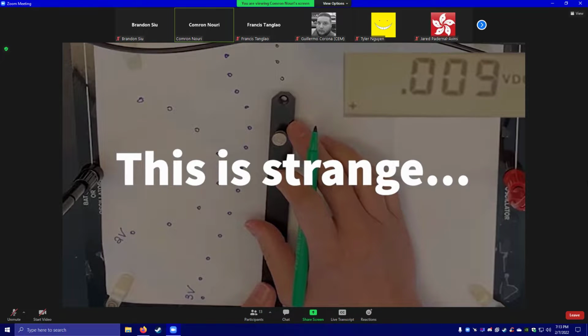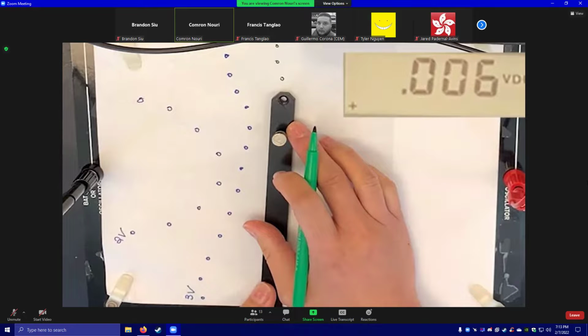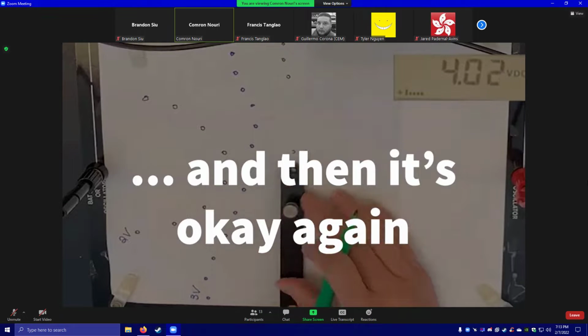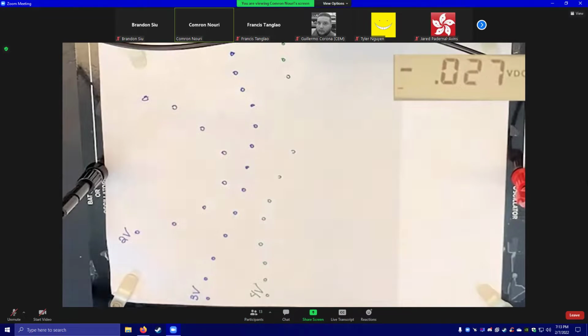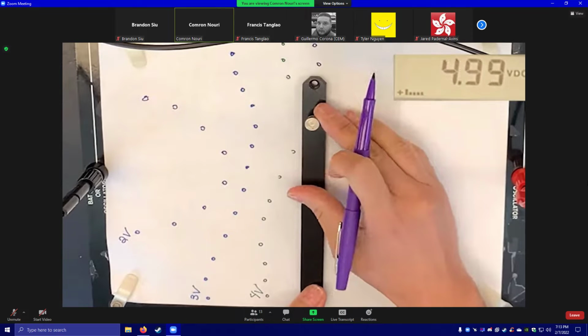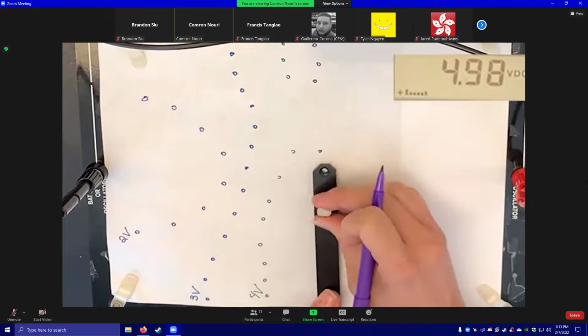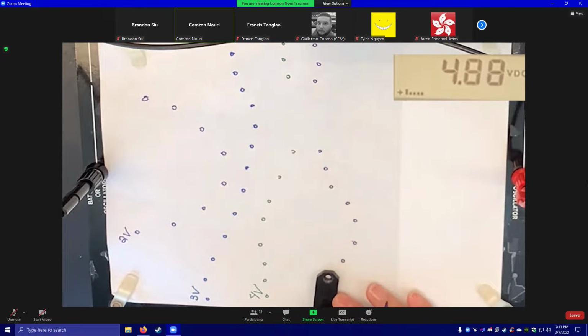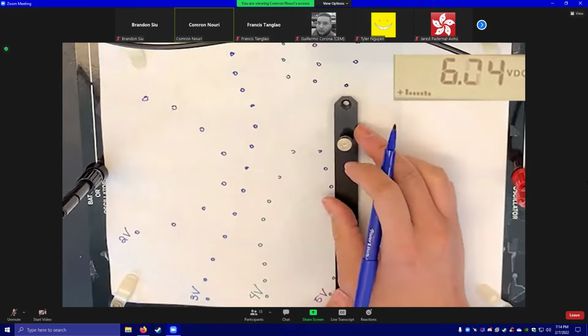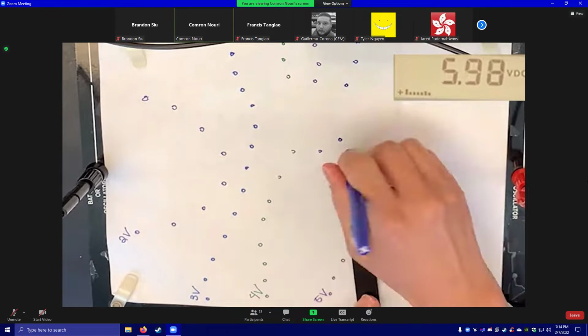You see, at that point, it shows 0. And why is it 0? I will explain why it is 0. You see, as soon as you go to that region, it shows 0. And then there is another region here that seems to be repelling the equipotential lines.